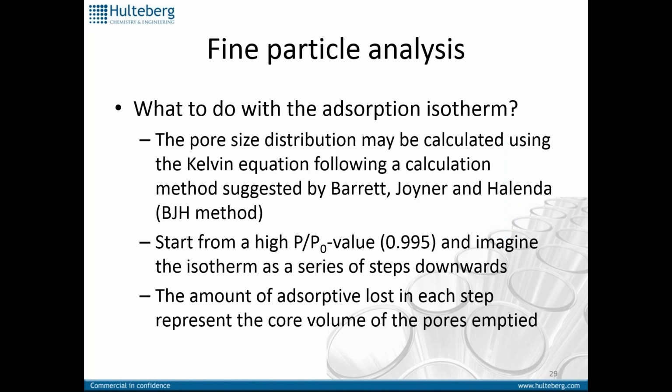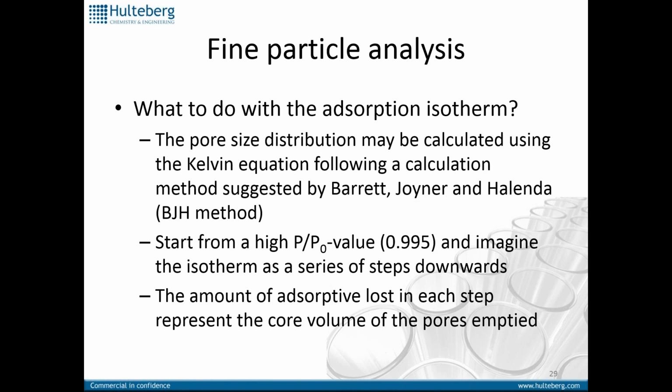Then what more you can do is calculate the pore size distribution using the Kelvin equation, which is for pore condensation, and you can then follow a method suggested by Barrett, Joyner, and Halenda in the 40s, I think, and end up with a nice plot of the full distribution.